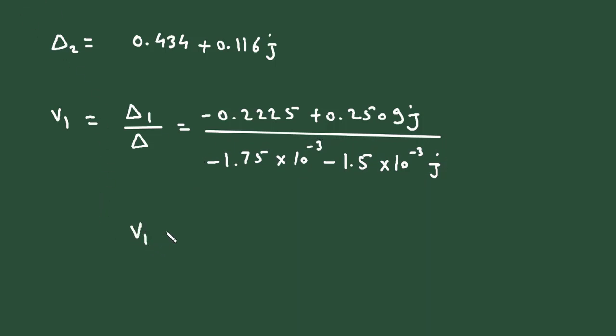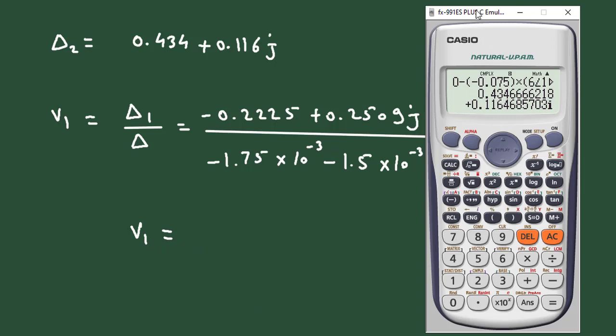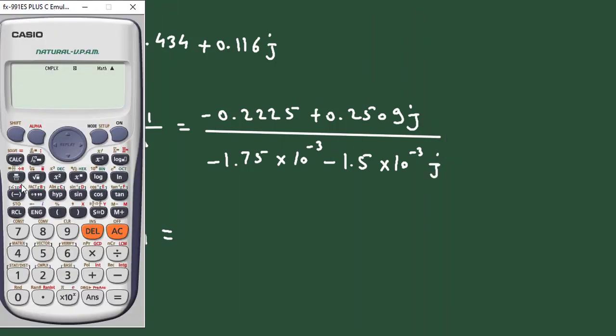So V1 is equal to minus 0.2225 plus 0.2509 into j divided by minus 1.75 into 10 to the power minus 3 minus 1.5 into 10 to the power minus 3 into j.